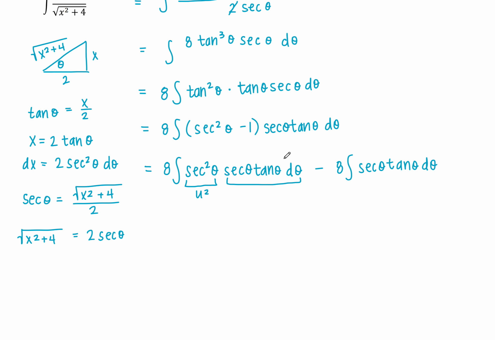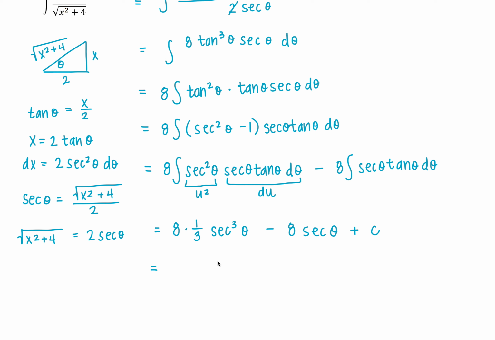The secant theta, tangent theta, d theta would be our du. So if we were to integrate this, we would have 1/3 u cubed, which would be the same thing as 1/3 secant cubed. So again, that's going to be 8 times 1/3 secant cubed theta. Then over here, we just get minus 8 secant theta plus c.